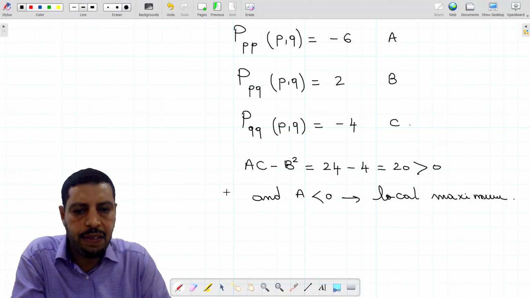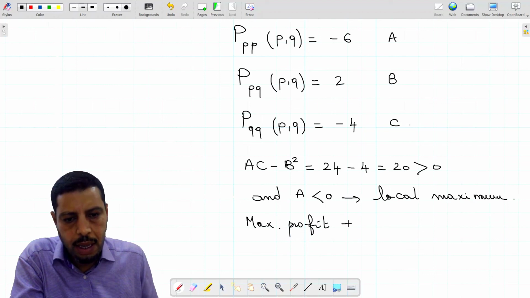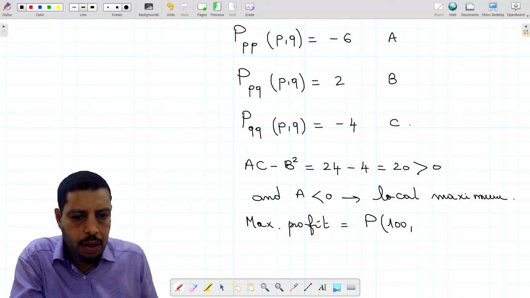Now, the second part of the question is, what is the weekly maximum profit? Then you have to compute the value of P. So let's write that the maximum profit is equal to P(100, 120).